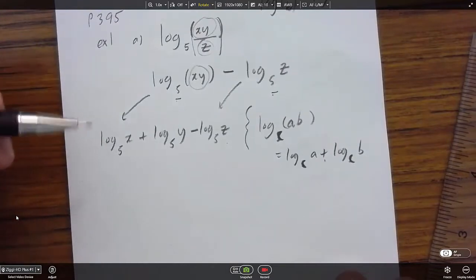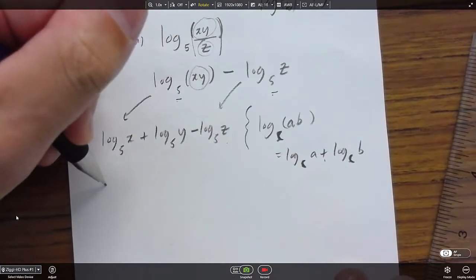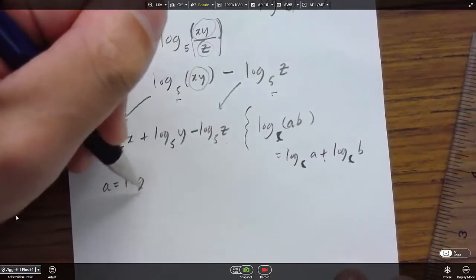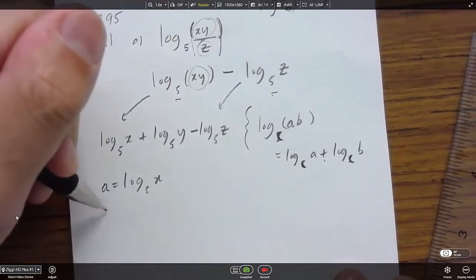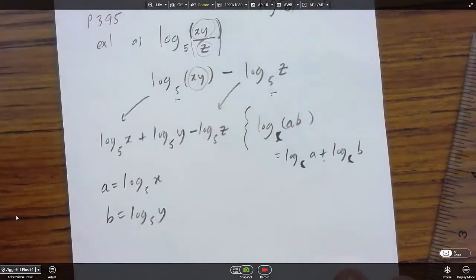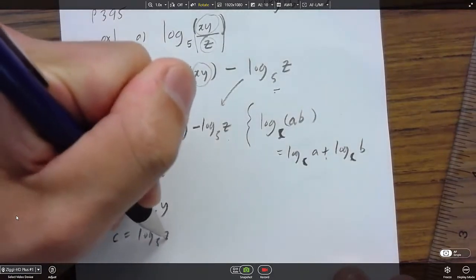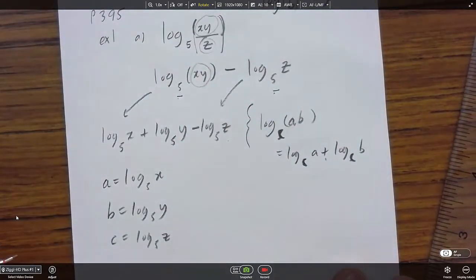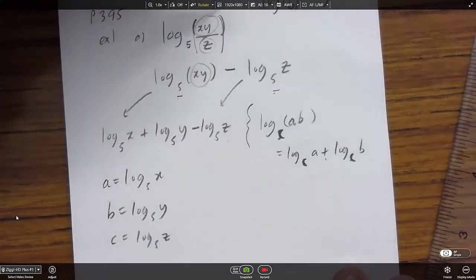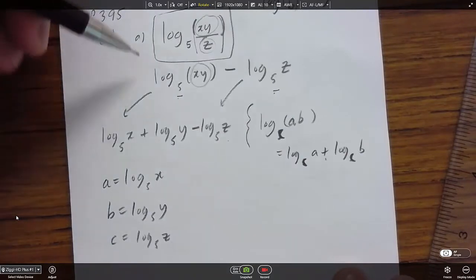In fact, if the question started off by saying a is equal to log 5 x, and b is equal to log 5 y, and c is equal to log 5 z, the question could have said, which would be a bit more challenging, express this original question here in terms of a, b, and c. What a strange question.